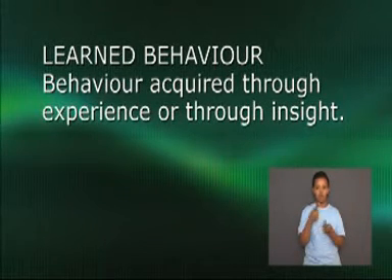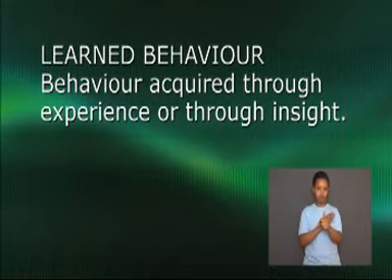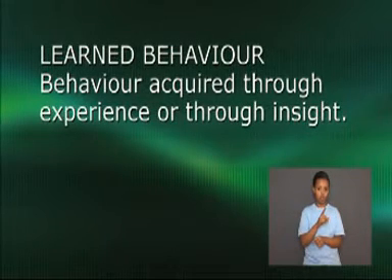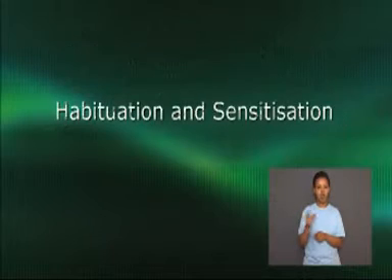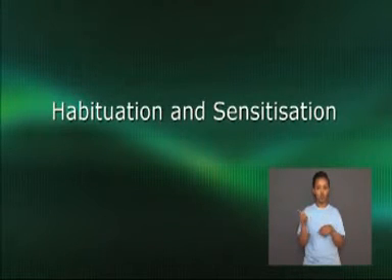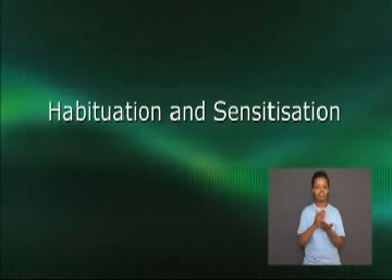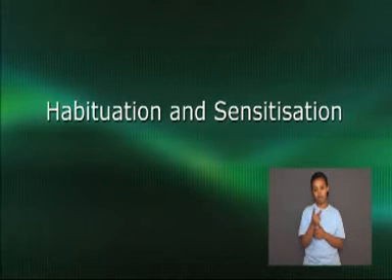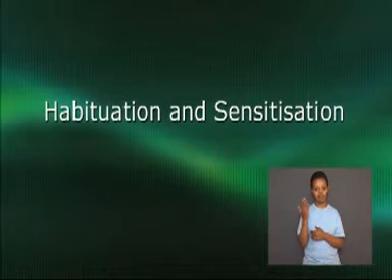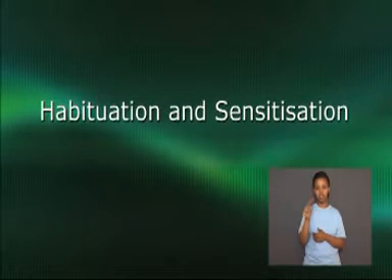Trial and error simply brings about an improvement in the effectiveness of the behavior pattern. There are many different types of learned behaviors. In this lesson, we will be looking at two types: habituation and sensitization.